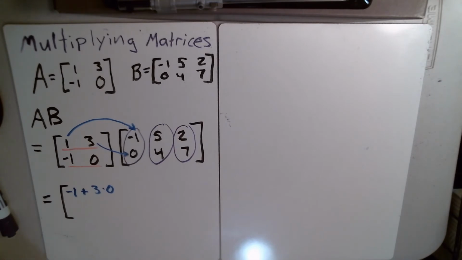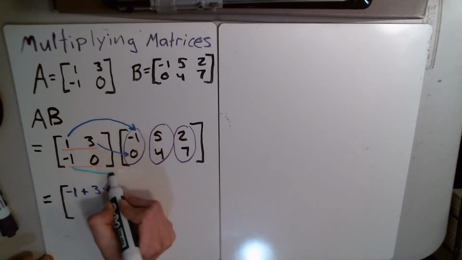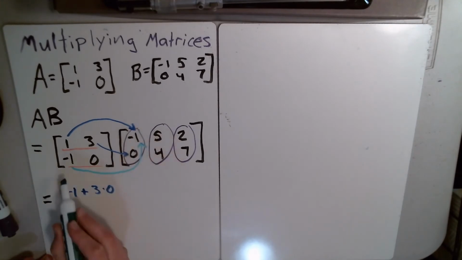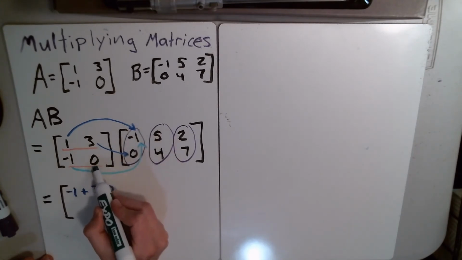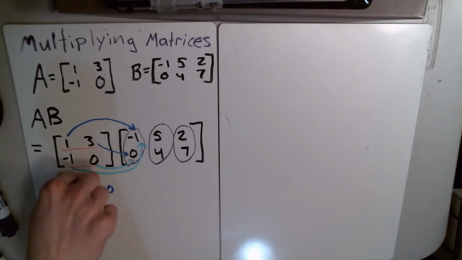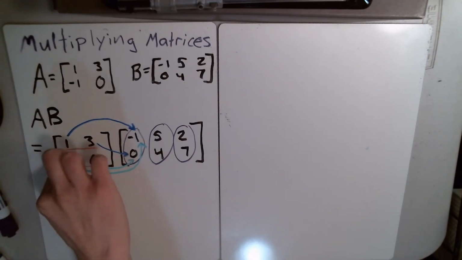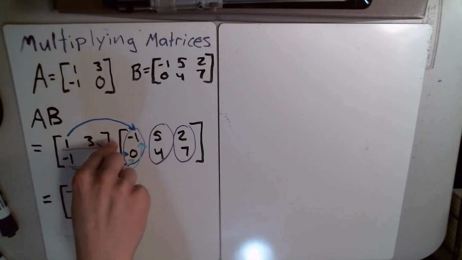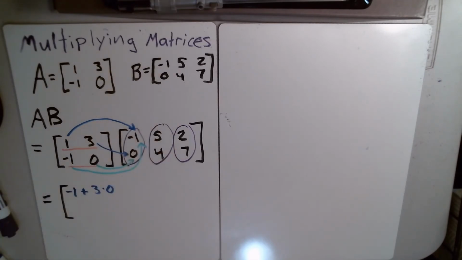So I'm going to do this -1 times -1, and then 0 times 0. You could kind of think of flipping these sideways, and then you just multiply straight across.